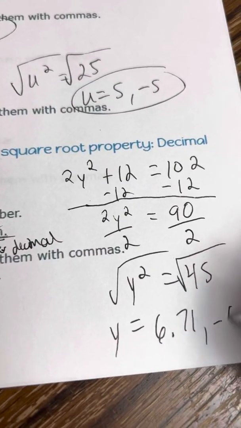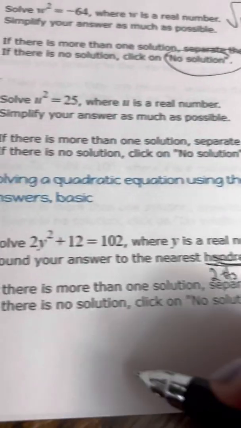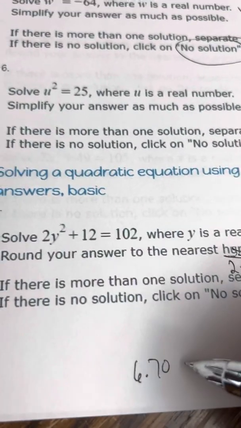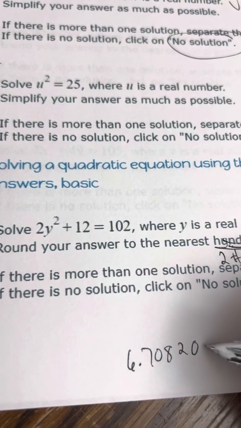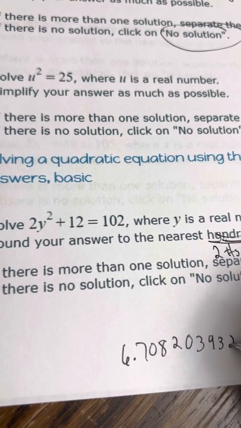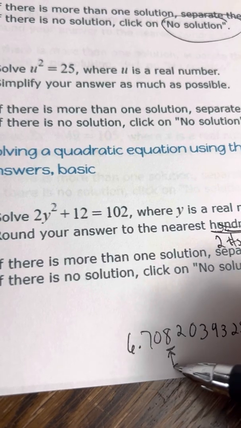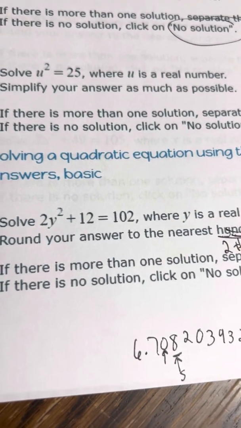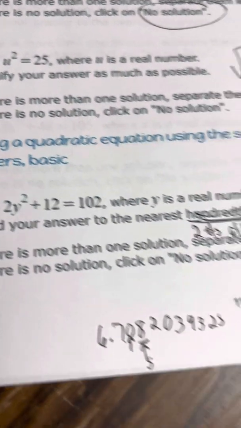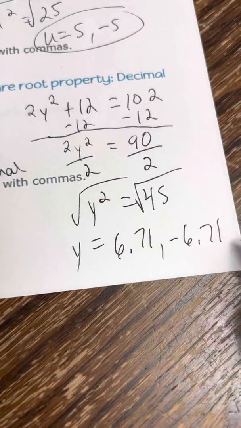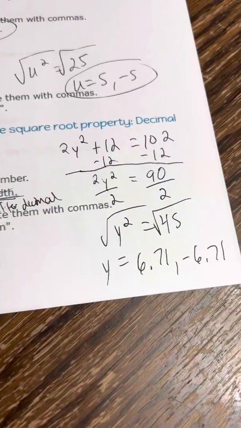And I'm going to get negative 6.71. On the calculator, it said 6.7082039325. To round, I look at the third number. If that number is bigger than 5, then I round the number next to it up 1. That's why I have 6.71 and negative 6.71.